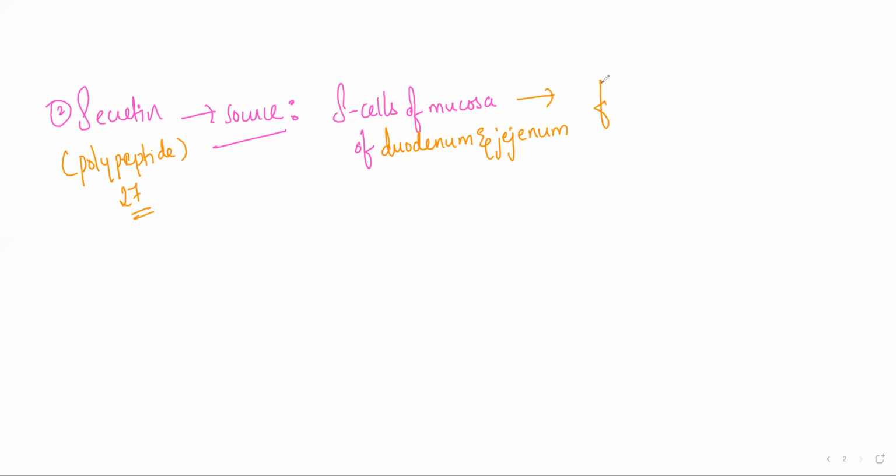And coming on to the functions of this secretin, it is going to stimulate the release of sodium bicarbonate from the pancreas and liver. So secretin is going to actually stimulate the release of sodium bicarbonate from the pancreas and the liver.